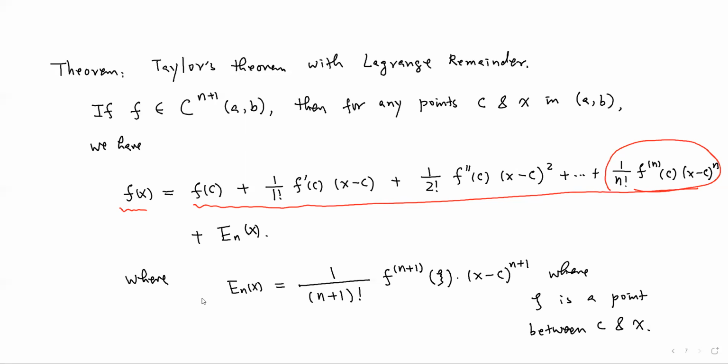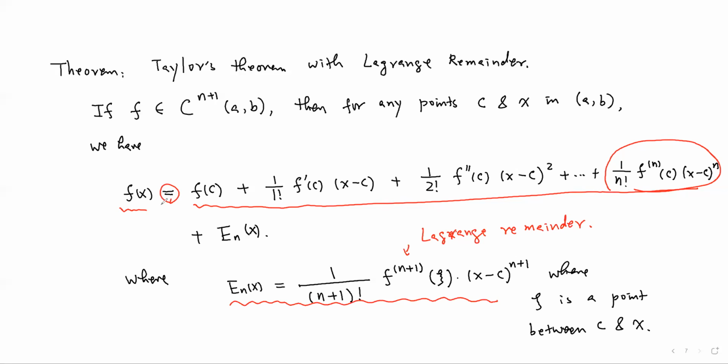We call this formula for the error term the Lagrange remainder. And this equation is Taylor's theorem with Lagrange remainder.